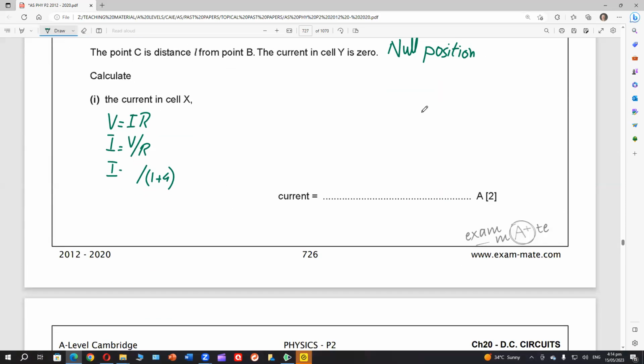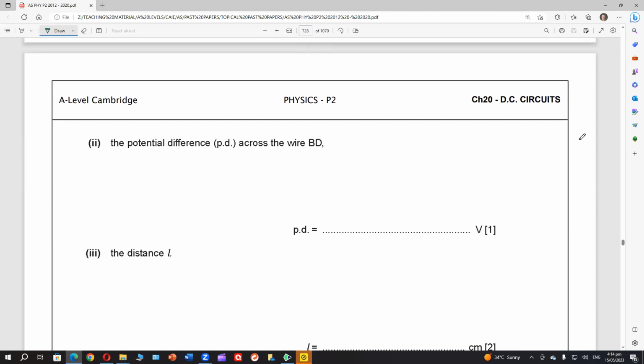So the voltage is 2. The potential difference across the wire BD. We know the resistance of the wire and we have the current now.